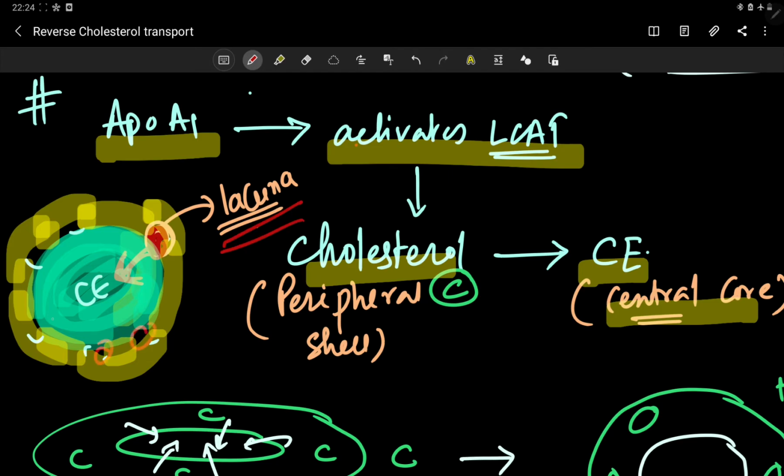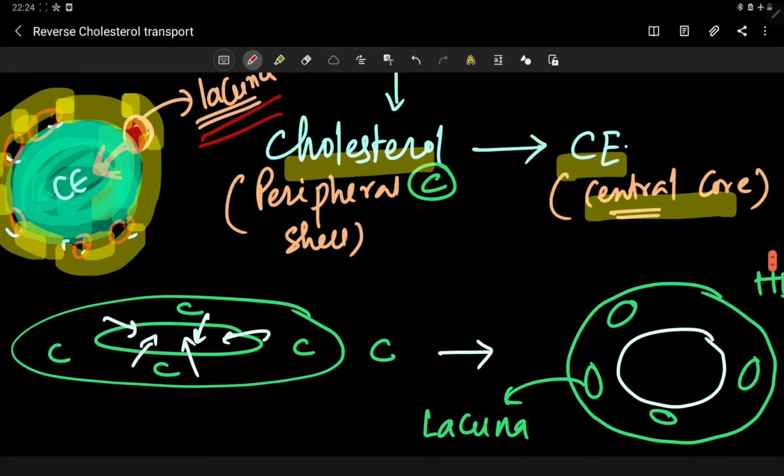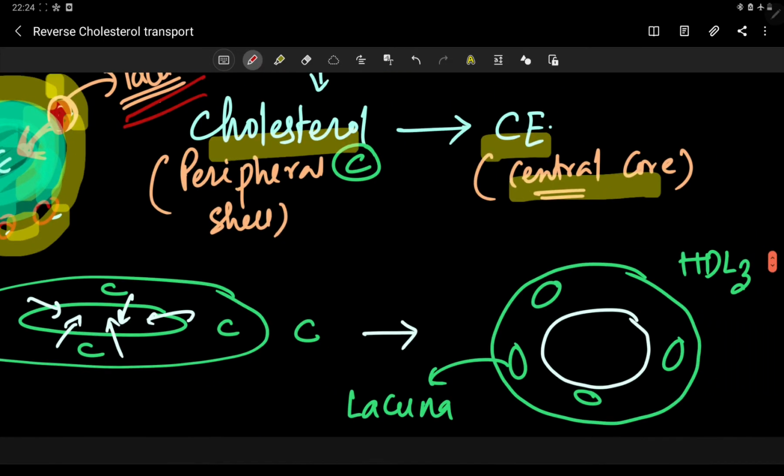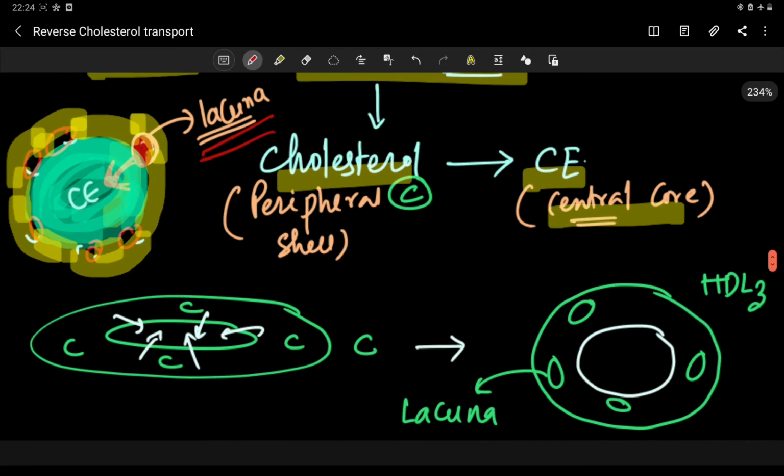These empty spaces are formed at the periphery level. So here you can see the peripheral cholesterol is moving towards the core and increases the bulk of the core due to the increase of the cholesterol ester content, and at the periphery, due to deficiency of that cholesterol, your lacuna is formed.